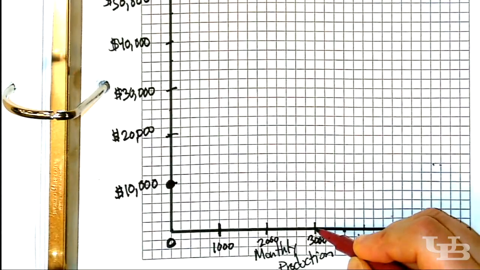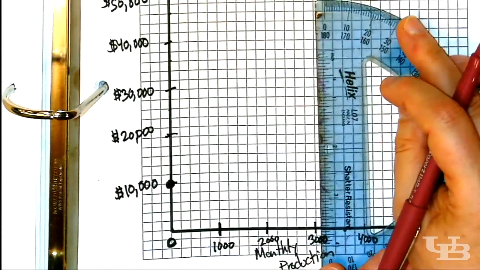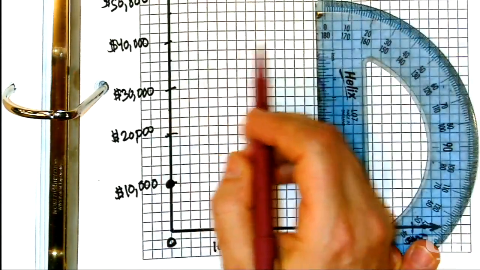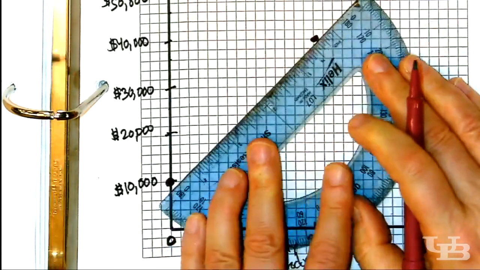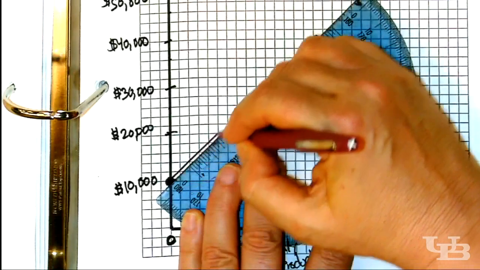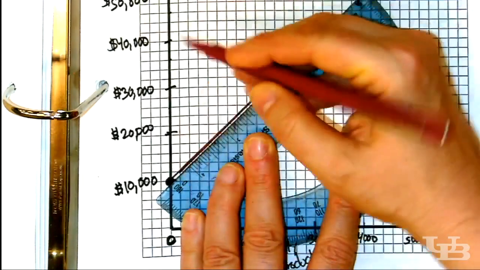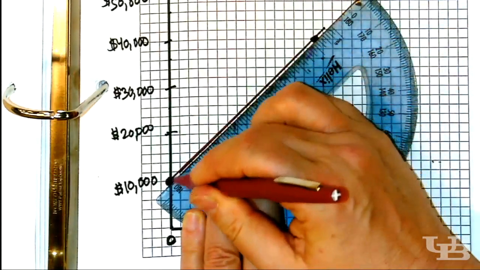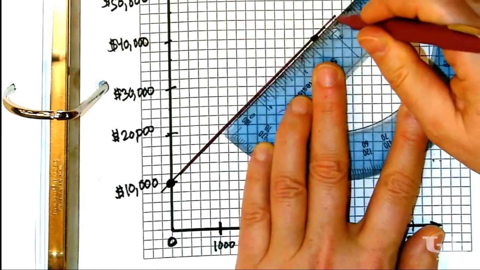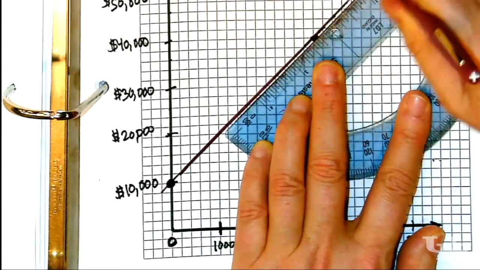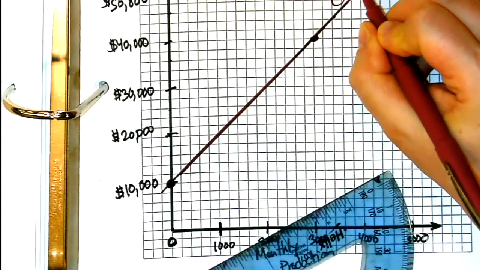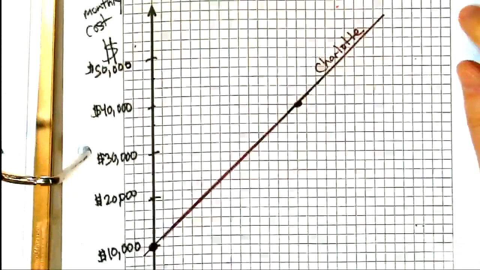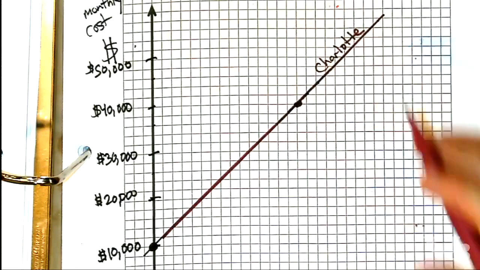This represents monthly production of 3,000. If you're in Charlotte, that's what you're paying, 40,000. If I have 2 points, I found the line. The height of this line on that money scale represents the cost of being in Charlotte, North Carolina, one of the fastest growing cities in the United States, over all different production levels. Okay.